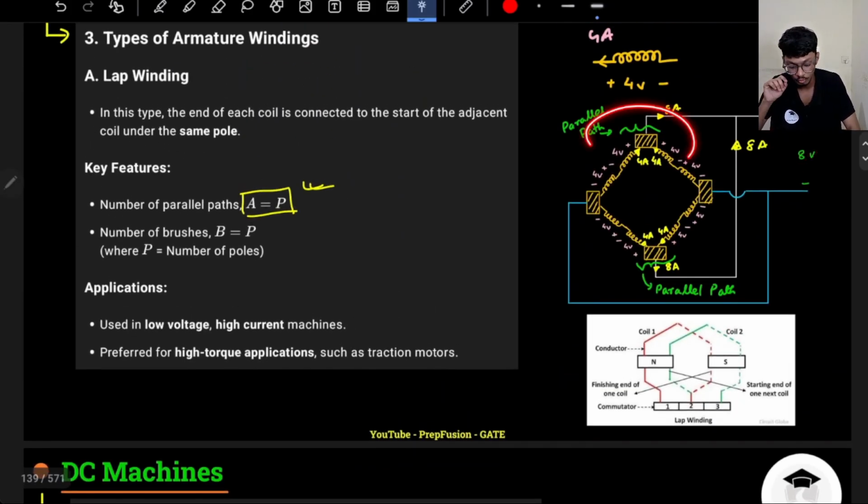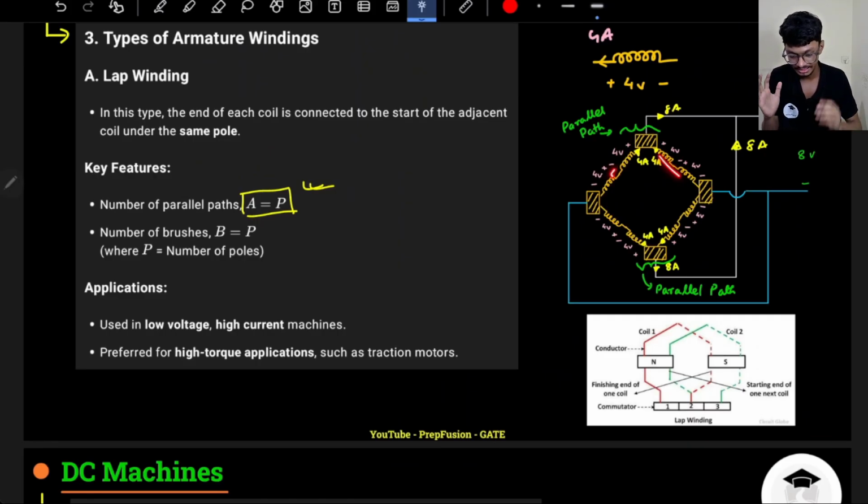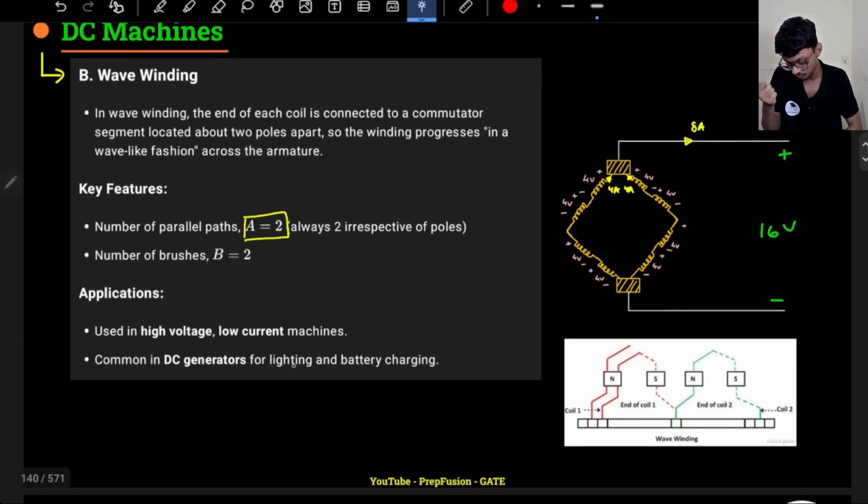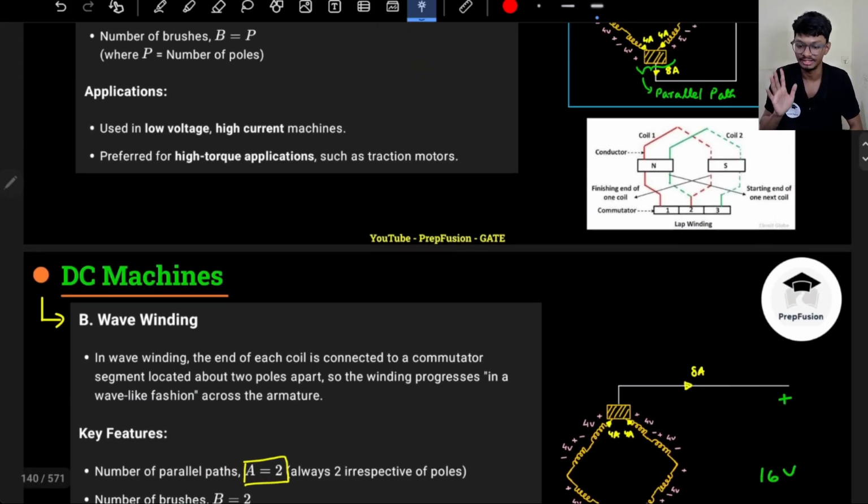Why? Because I have more parallel paths. Although the maximum rating of the coils is fixed, as there are more parallel paths, individually they can contribute more current. That's why lap winding is used for low voltage high current applications and wave winding is used for high voltage low current applications. This is the physical reasoning behind why lap winding and wave winding are used in what kind of cases.